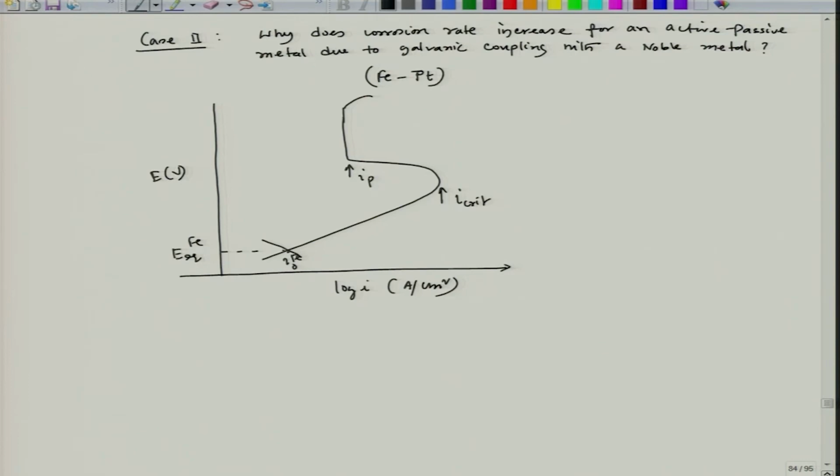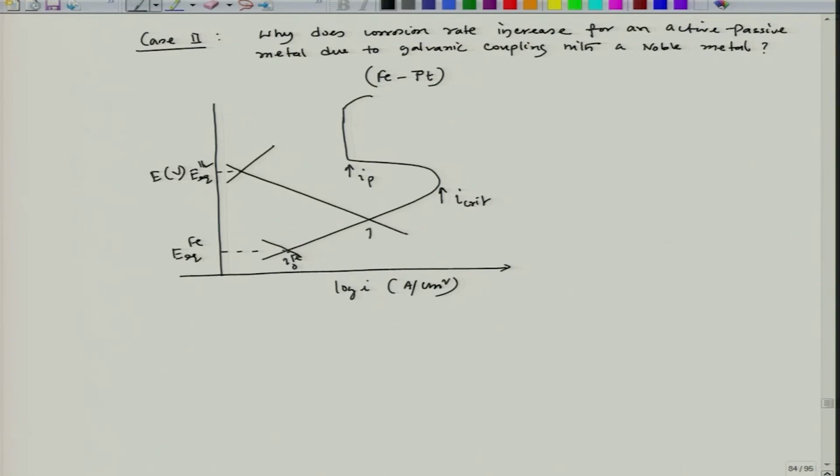Now, if we consider the hydrogen evolution reaction, since this alloy is exposed to the acid, let us say the hydrogen evolution reaction becomes my cathodic reaction, and let us say the E equilibrium lies here, and it will have its own cathodic polarization.